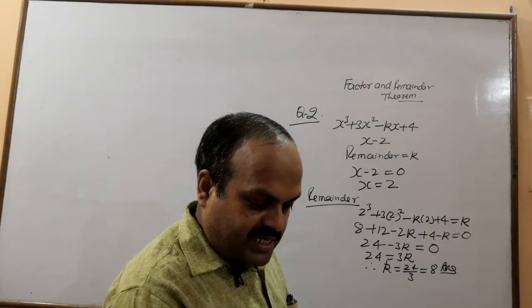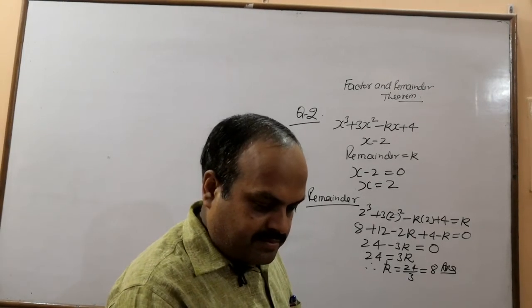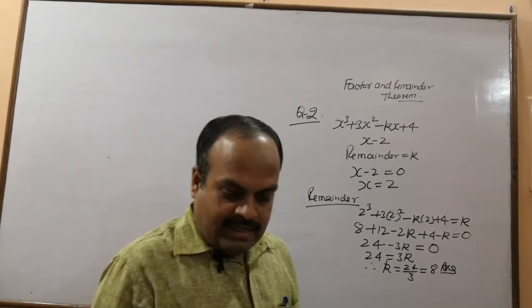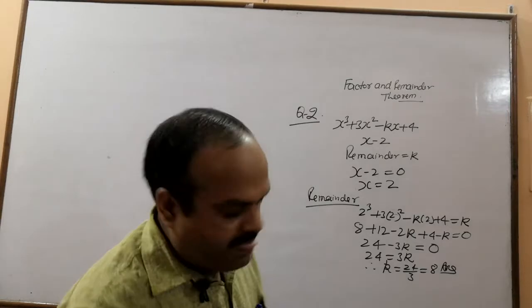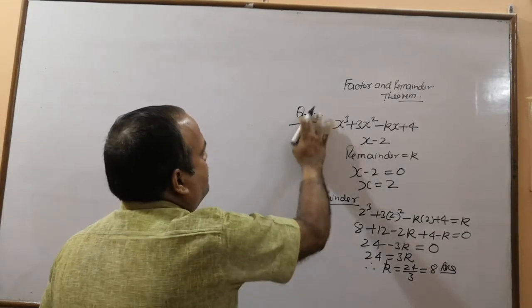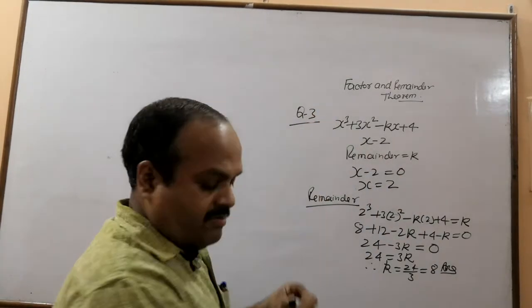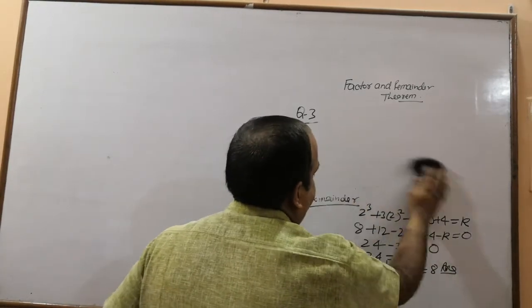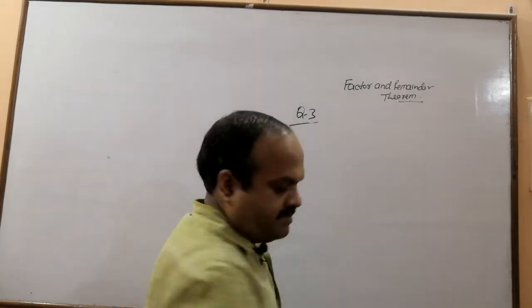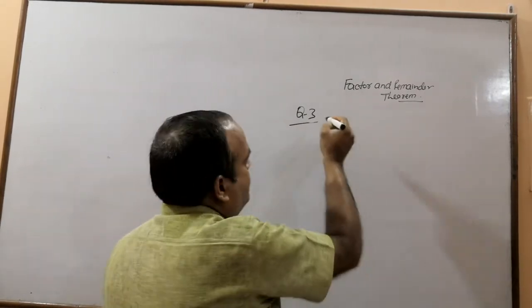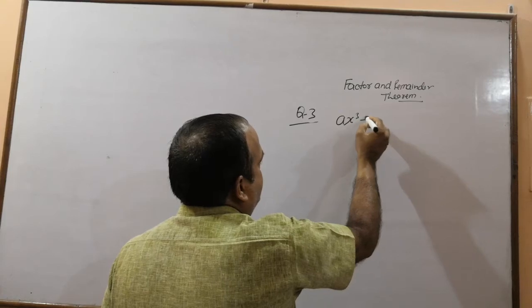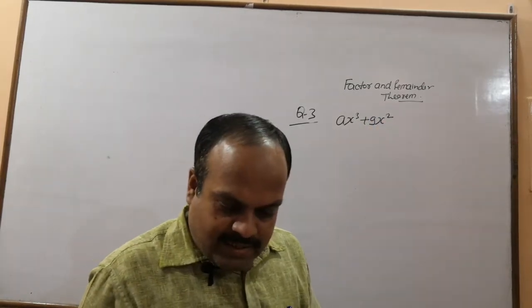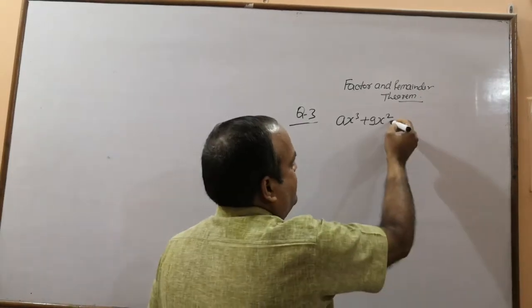Next, question number 3. Find the value of a when ax cube plus 9x square plus 4x minus 10.